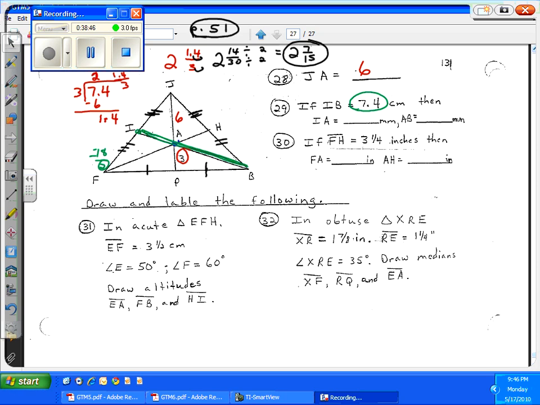centimeters. Whoops, that's centimeters. A lot of fun here, huh? So we have 2 and 7/15 centimeters. And we want to change that to millimeters. There's 10 millimeters in a centimeter.